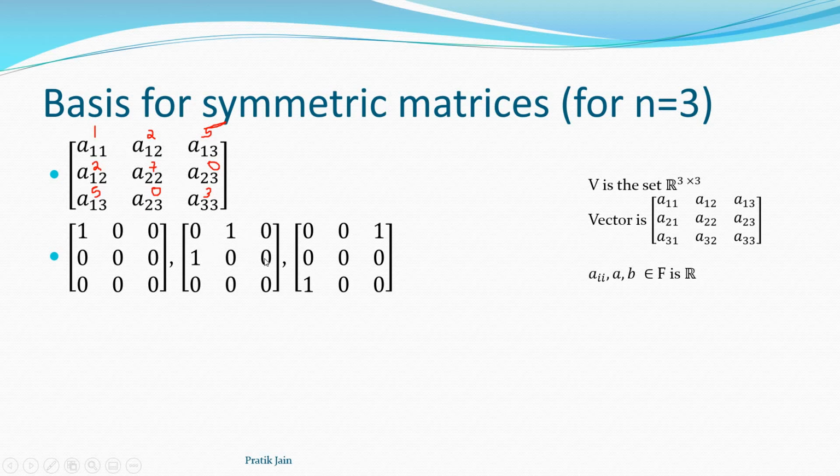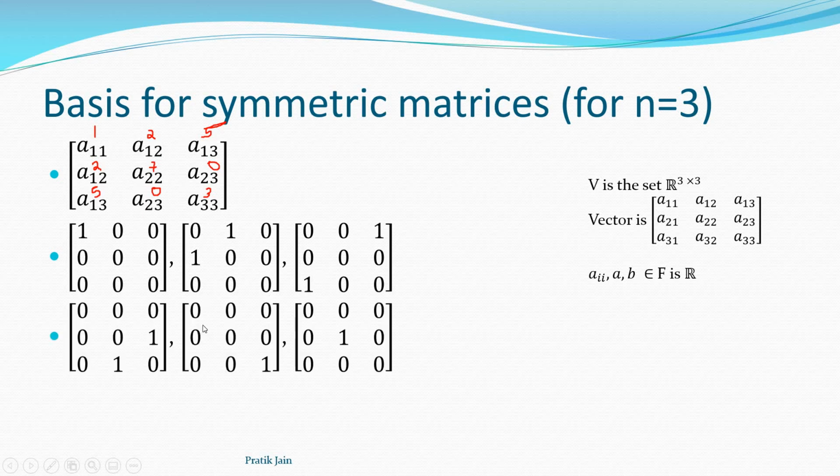Now if you look at this, it is focused on A12. Because if you want to change A12, you'll also have to change this one. So there are two of these, right? And then for A13 you have this. For A23 you have this. For A33 you have this, and for A22 you have this.